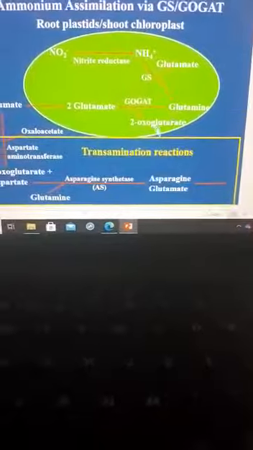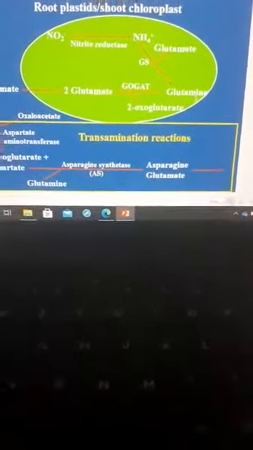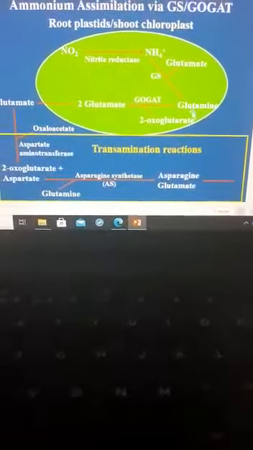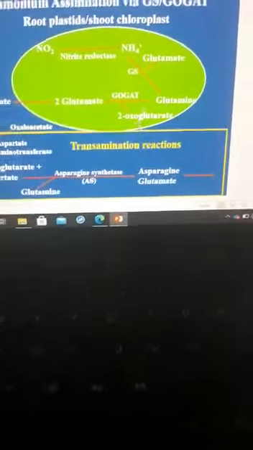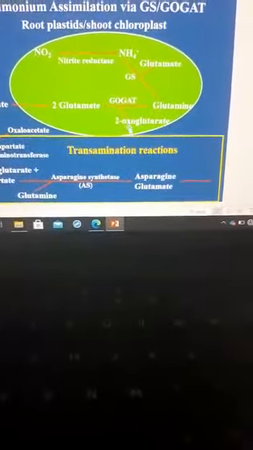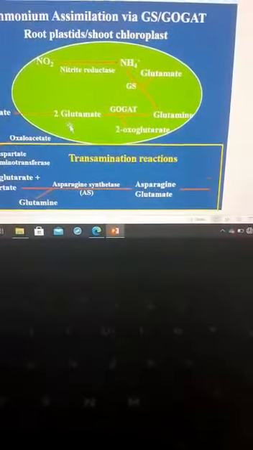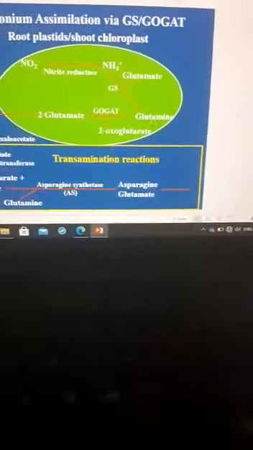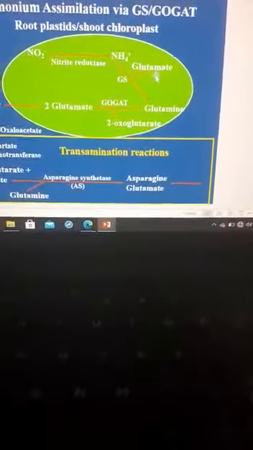So when this oxoglutarate interacts with that glutamine, the glutamine will donate its extra NH2 group to the organic acid. The organic acid will then become an amino acid called glutamate. And the glutamine will go back to what it was. Remember, it was a glutamate before it got an additional NH2 group.